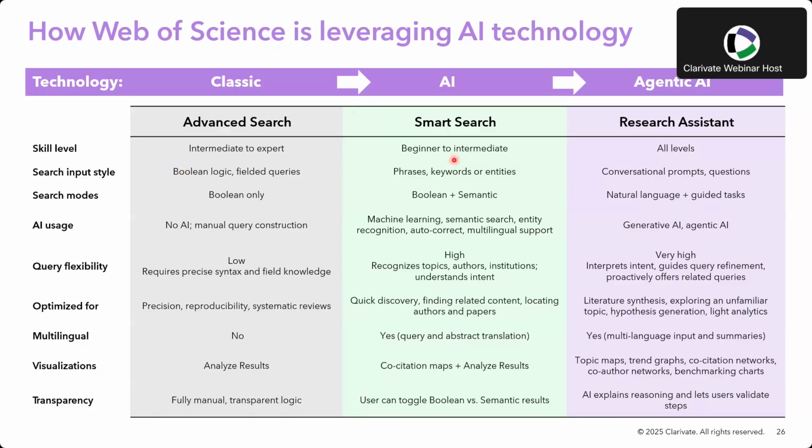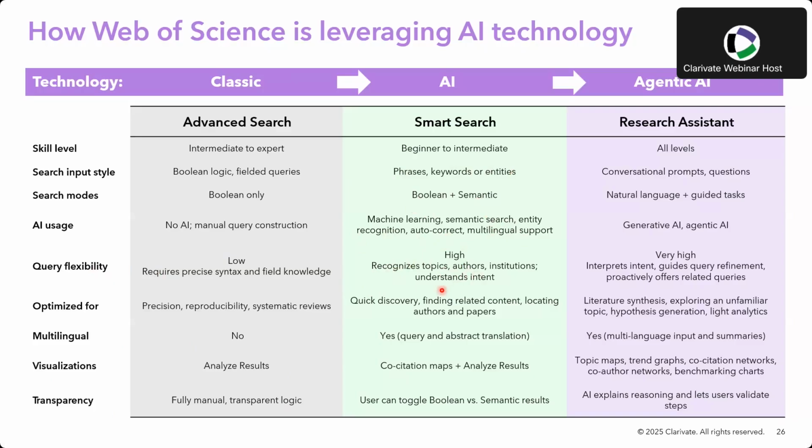Then you have the AI smart search, for beginner to intermediate users. You can search phrases, keywords, or entities, a combination of Boolean plus semantic, using machine learning, semantic search, entity recognition, autocorrect, multilingual support. Very, very high flexibility in terms of query building.